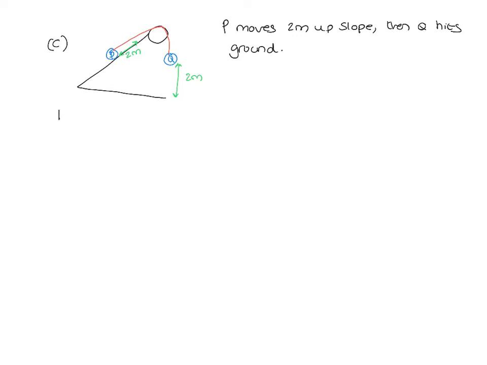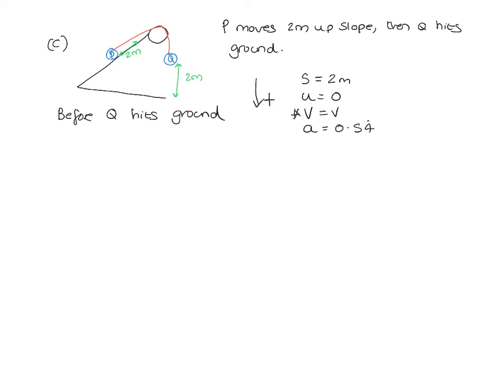Now, let's look at the motion before Q hits the ground. This really links back in with part B. Remember we were doing a constant acceleration calculation. Going back to that SUVAT equation, taking down as positive, S was equal to 2 metres, U was equal to 0, V we don't know, but I'd like to work it out now. The acceleration A we had calculated, and we know what the time is, but we're not going to use that calculation.